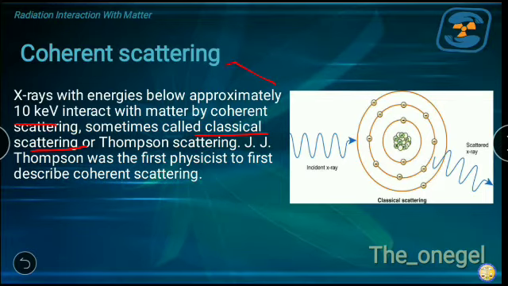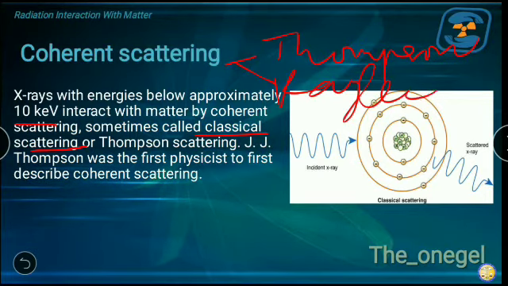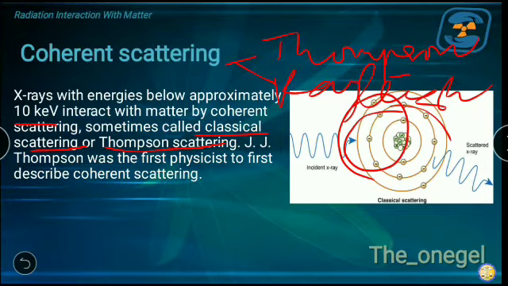We have Thompson and we have Rayleigh scattering. Pag Thompson scattering, the interaction is with an electron or orbital electrons. Pag Rayleigh, it is with the whole atom. So, uulitin ko lang ha.